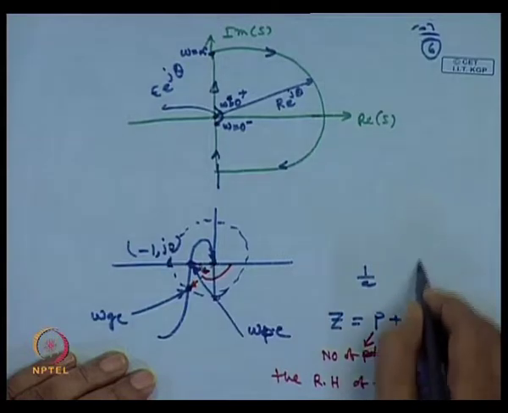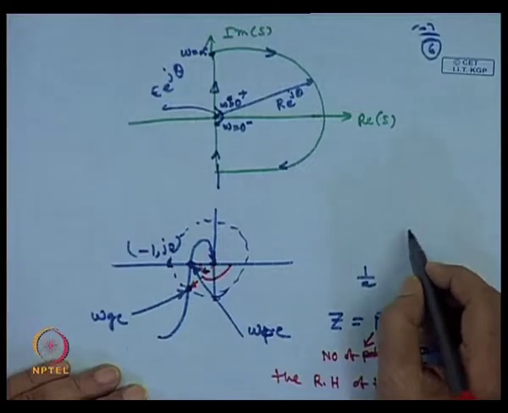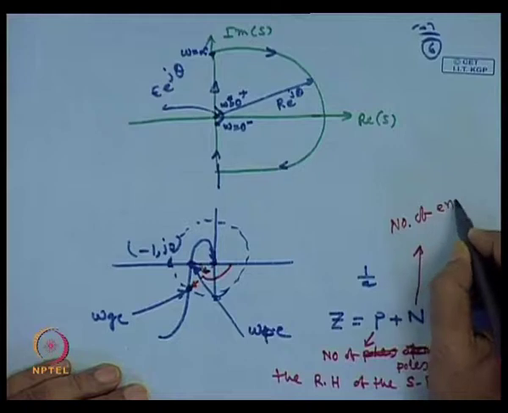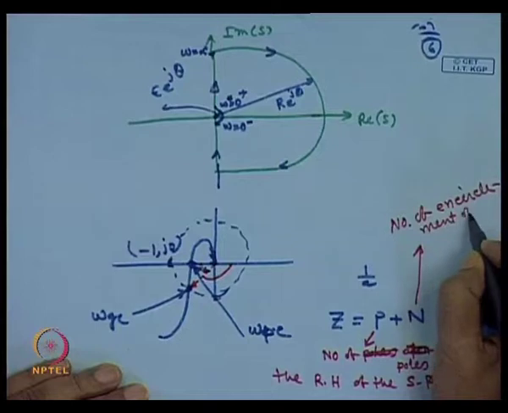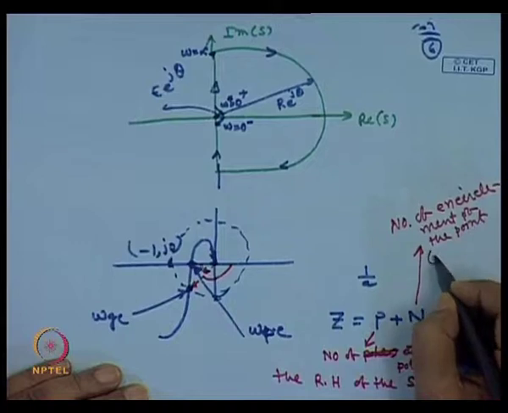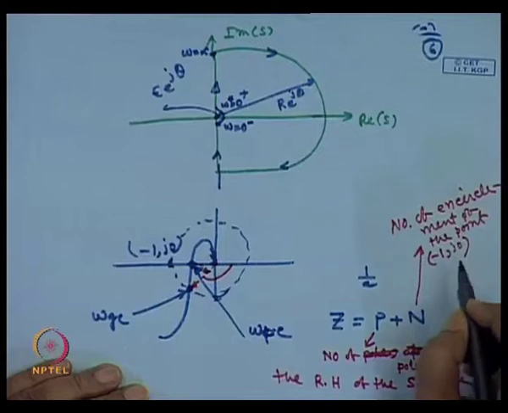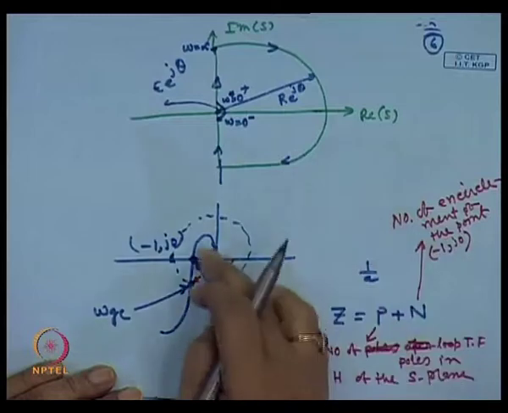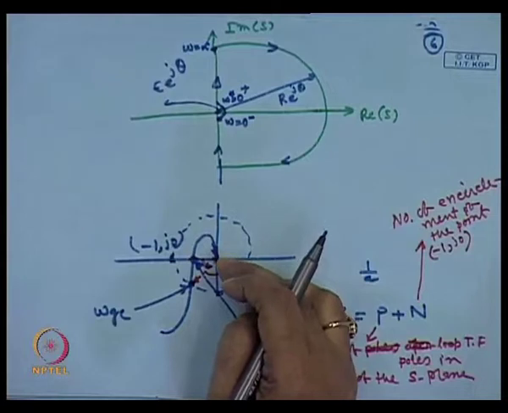This is P, and this N is the number of encirclements of the critical point minus 1 j 0, the number of encirclements of the critical point by the polar plot of the loop function.